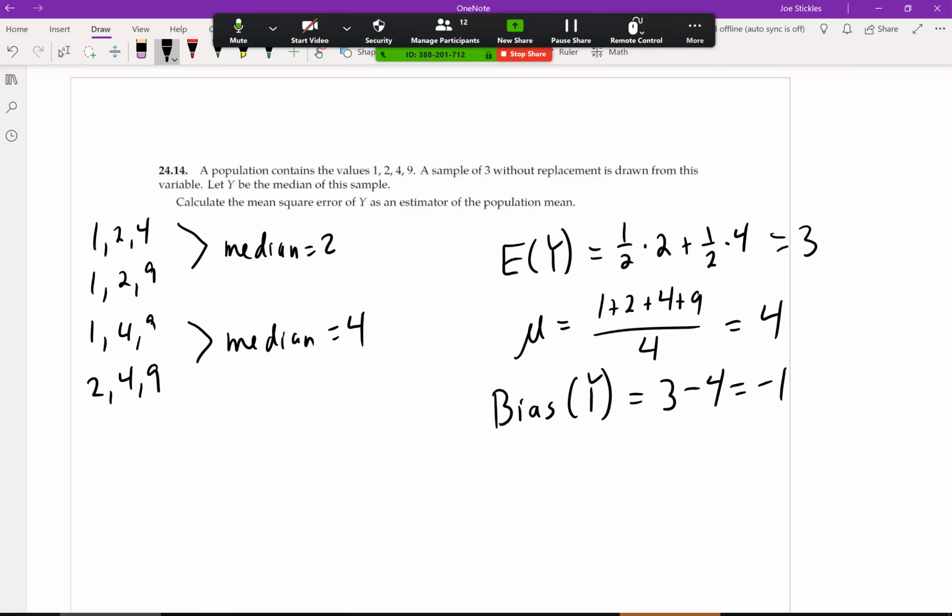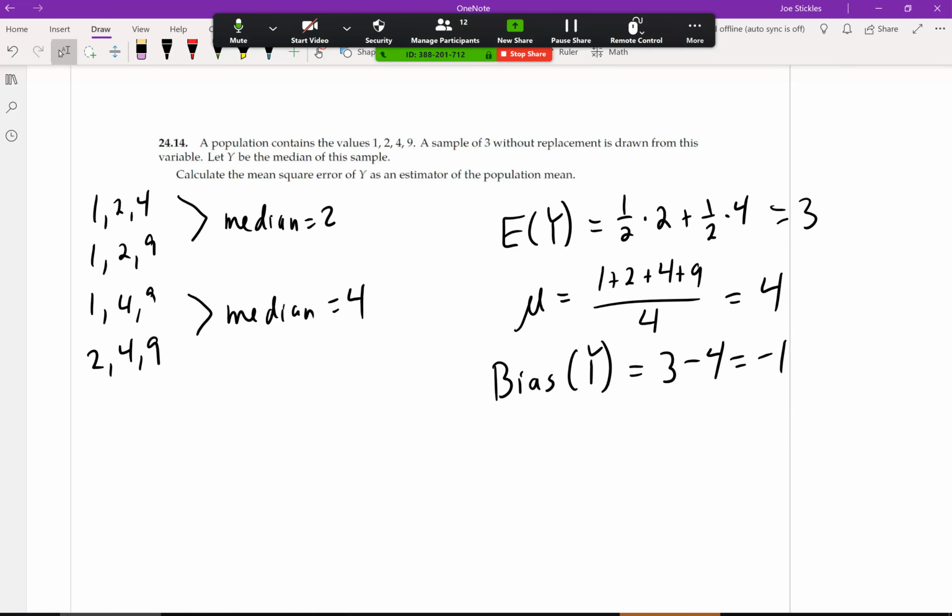So then I need to know the variance. This one's not bad to compute either, because again, we know that half of the time the value is 2 for y, and half of the time the value is 4. So I can compute the expected value of y squared pretty easily. Half of the time it's 2, so I would take 1/2 times 2 squared. And half of the time it's 4, so I would take 1/2 times 4 squared.